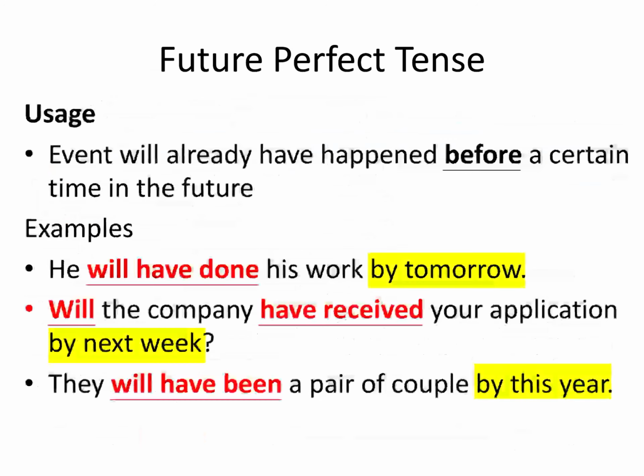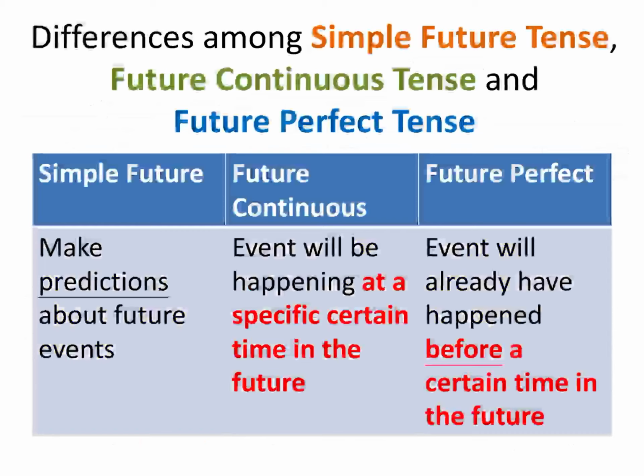That is the word by plus a specific time in the future. This phrase actually shows us that the action must be completed before that future time. Therefore, when we do tenses exercises and we see the preposition by with a future time, it is very likely that the answer is in future perfect tense.